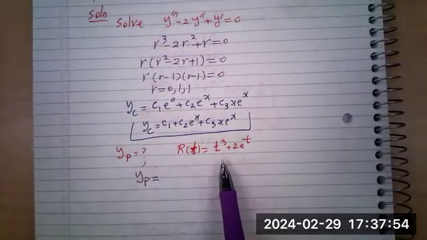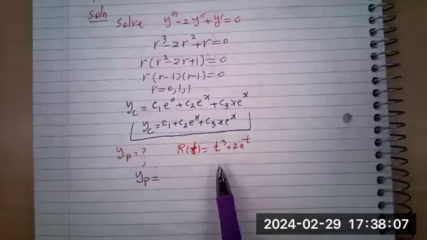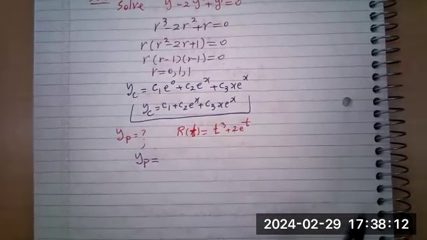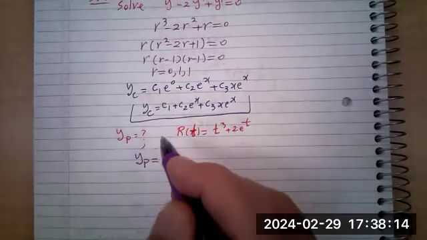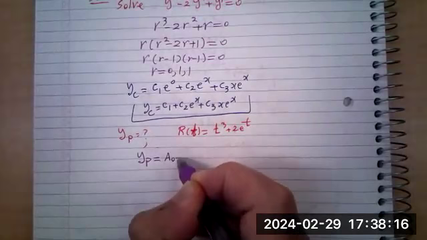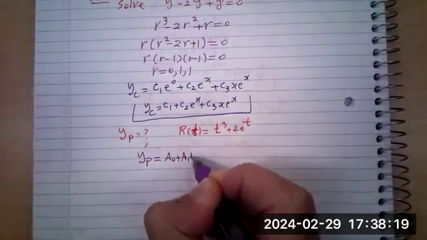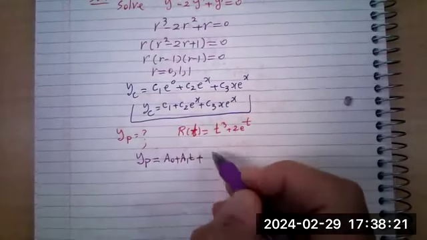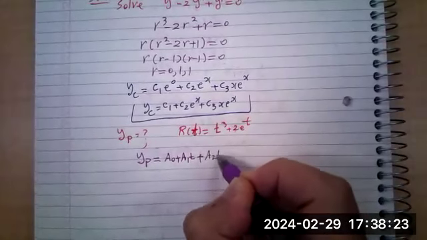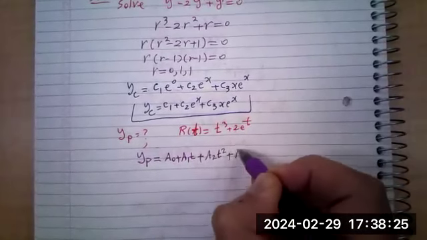Who wants to try? Give us a cubic polynomial with undetermined coefficients. A0 plus A1 t plus A2 t squared plus A3 t cubed.